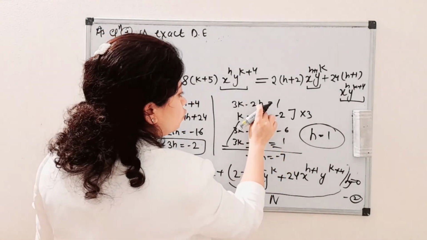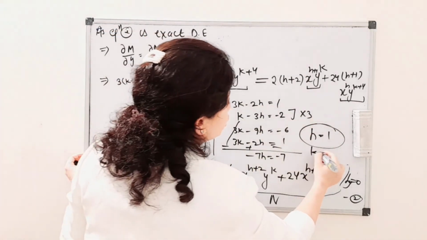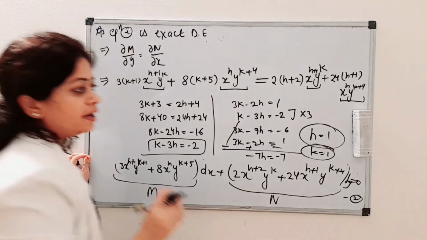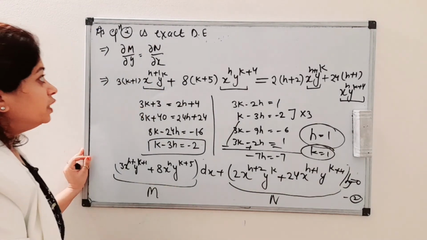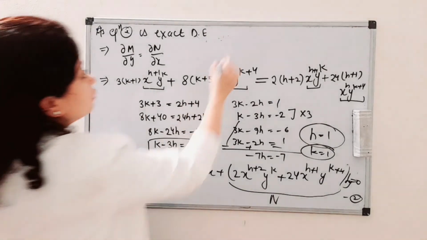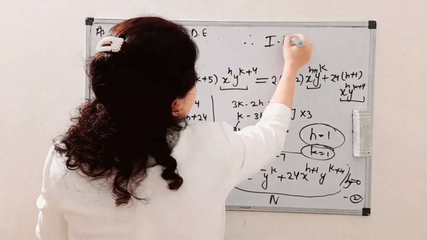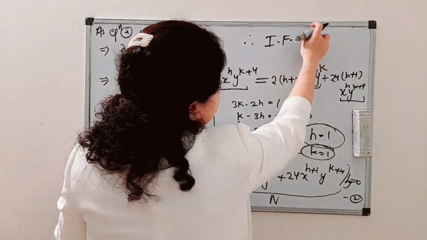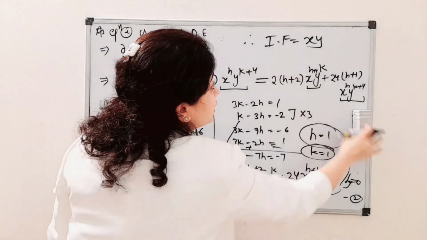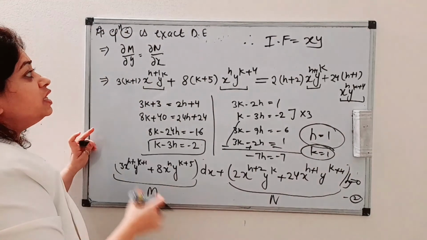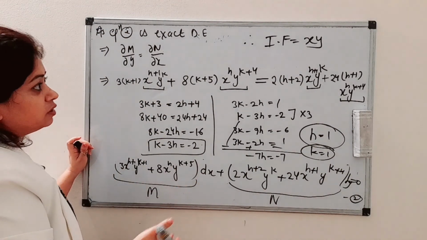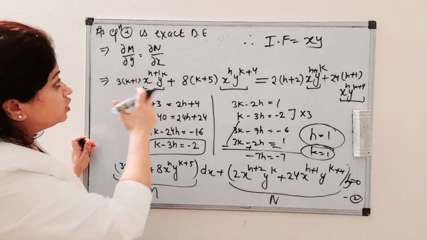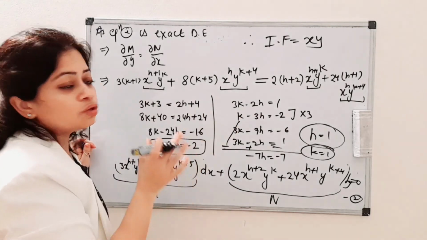When h is equal to 1, you will put here, you will get k equal to 1. So we got h and k as 1. So integrating factor is x raised to power h y raised to power k, that is xy.